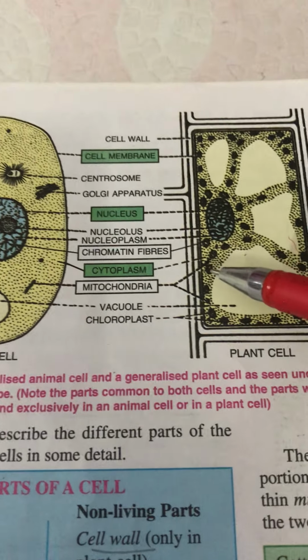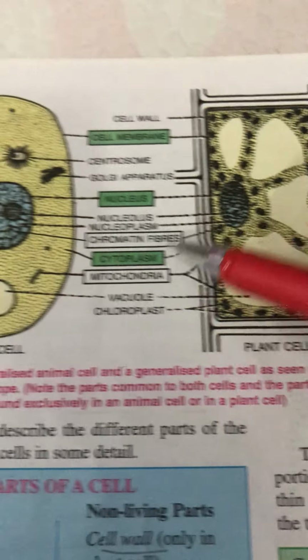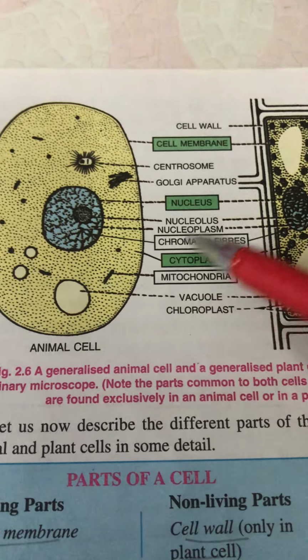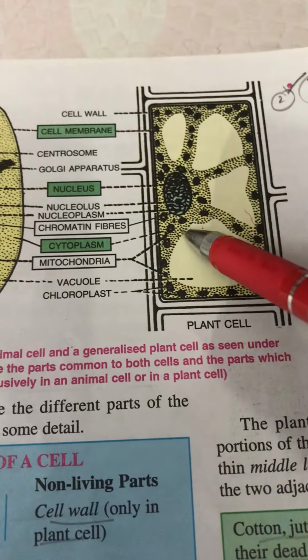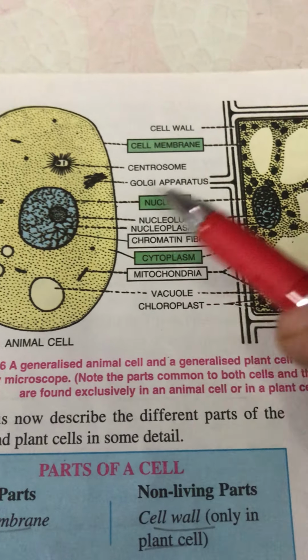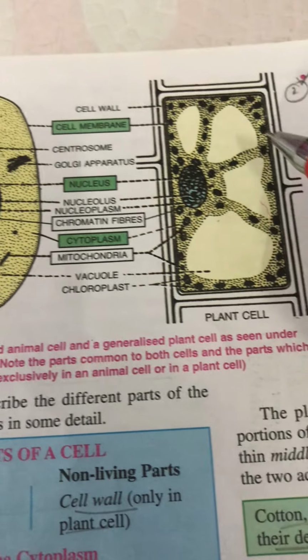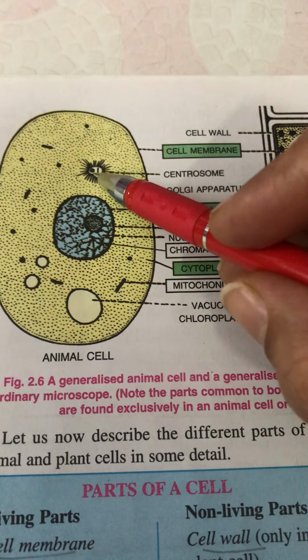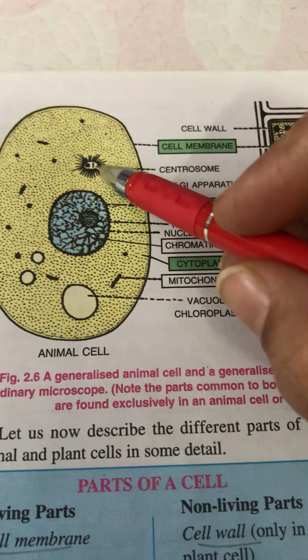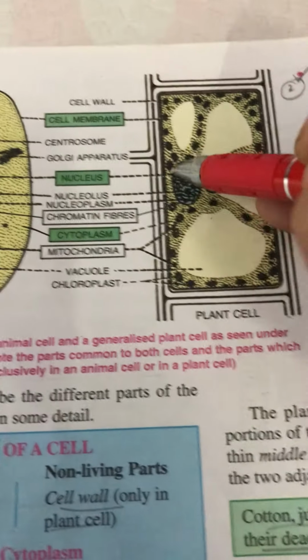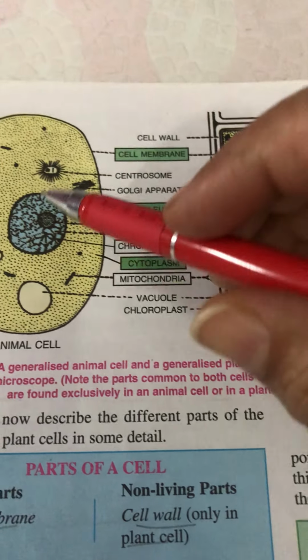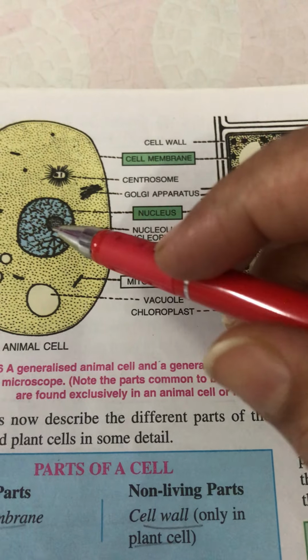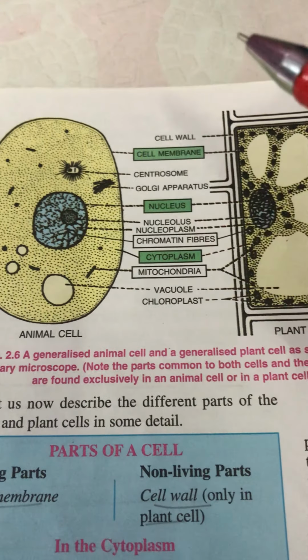Moreover, plant cells also contain chloroplasts, which are absent in the animal cells. So two things present in a plant cell and absent in an animal cell are chloroplasts and cell wall. Whereas animal cell contains a part called centrosome, which helps in cell division, which is absent in a plant cell. So these are basic differences between plant cell and animal cell.